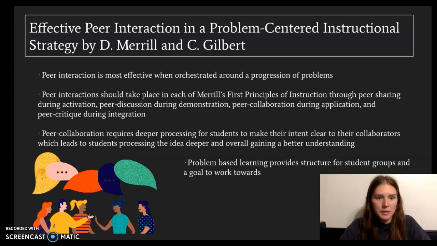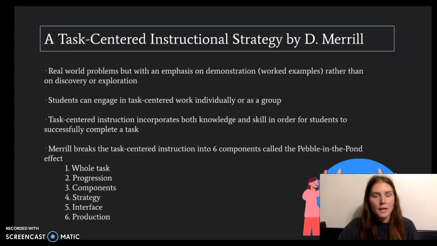If they're able to explain it to their peers, it allows them to have a deeper understanding, and overall, being able to vocalize and explain what they're thinking is an important skill for students to have. Problem-based learning provides structure for student groups and a goal to work towards, because they are working, obviously, towards a problem there.